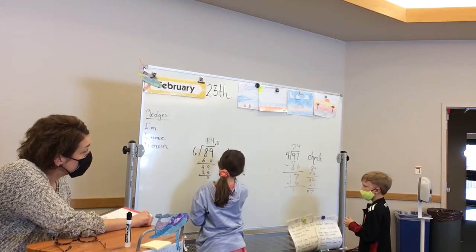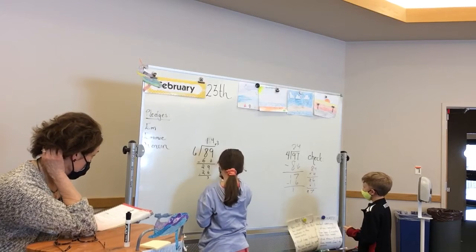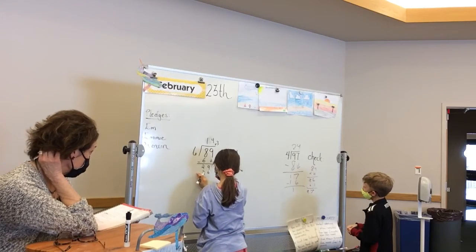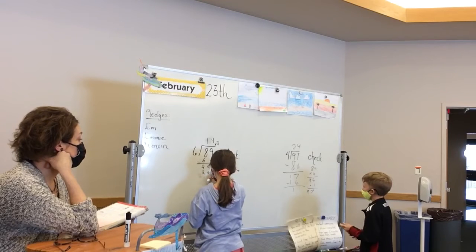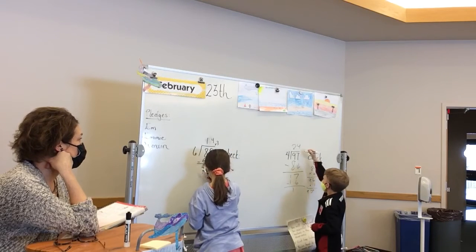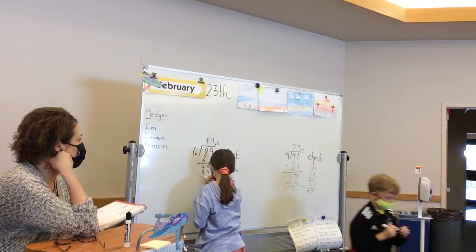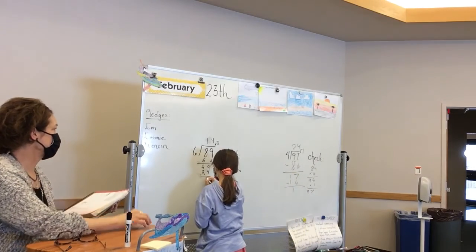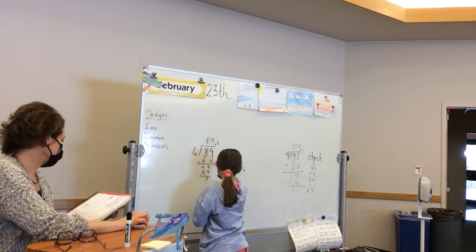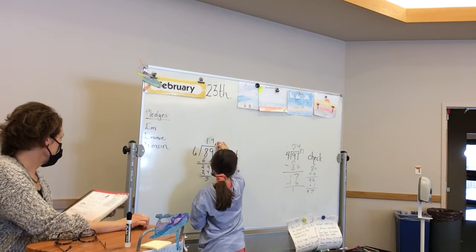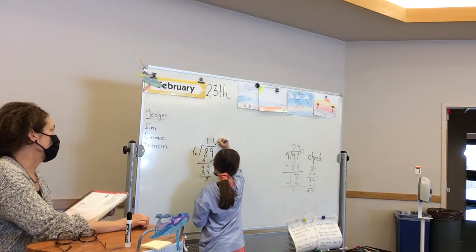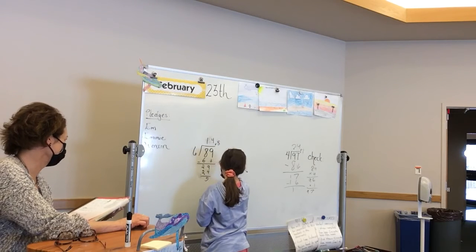Correct, but what are you forgetting on your long division? What are you forgetting to do? You have a 1 remaining. What do you do with that? There you go. Beautiful. Good job. There you go. I was going to say, wait a minute.